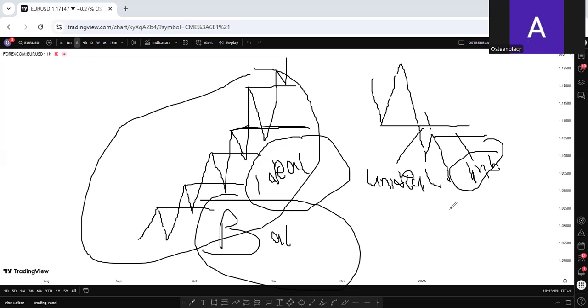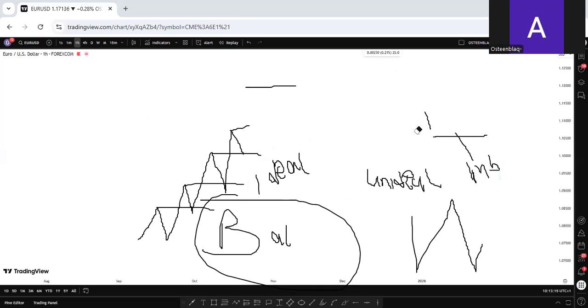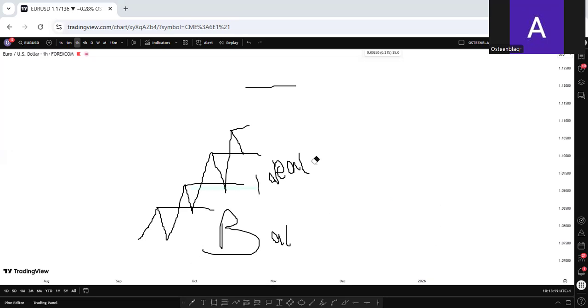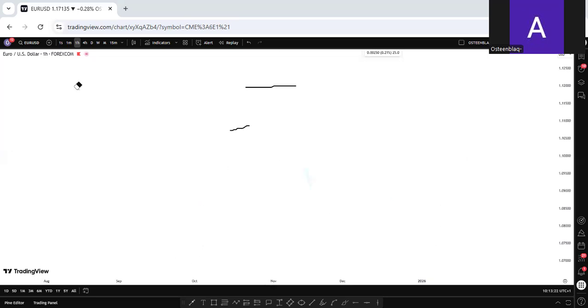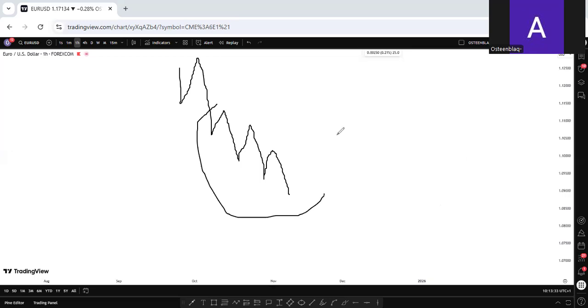We have something like this. If you notice, this place is a balanced market, BAL.